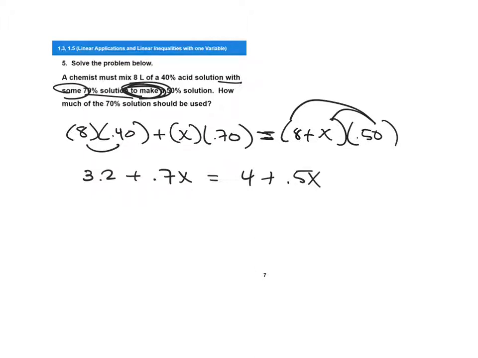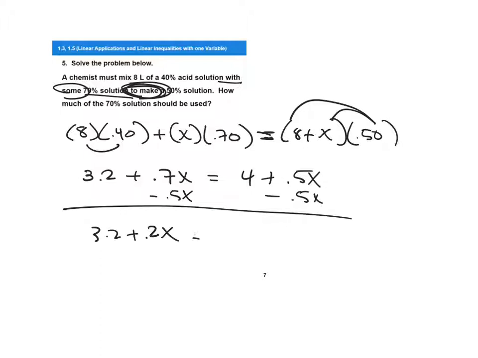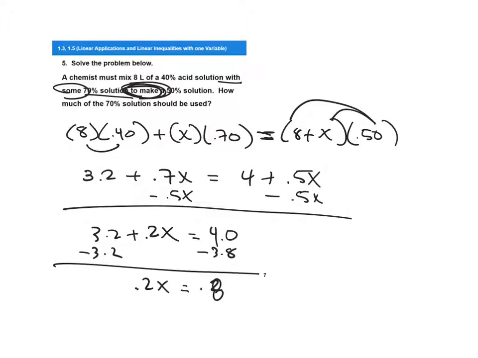So we've got variables on both sides, so I'm just going to subtract the 5/10 x. So 3 2/10 plus 2/10 x is equal to 4. And then I'm going to subtract the 3 2/10. So that's going to be 2/10 x equals 4 minus 3 and 2/10, and that should be 8/10, sorry about that.